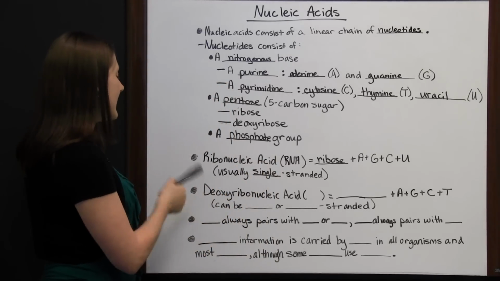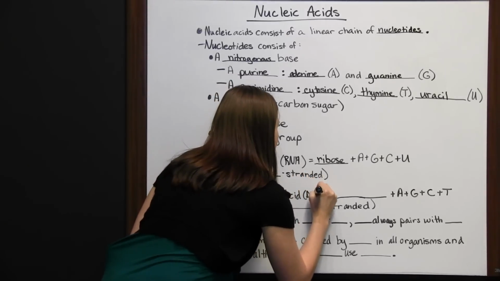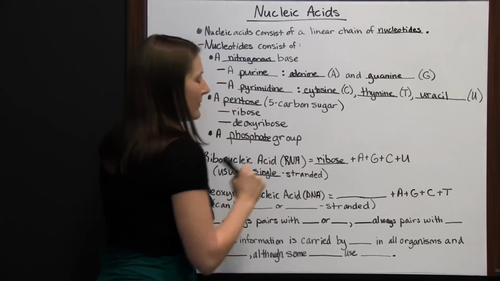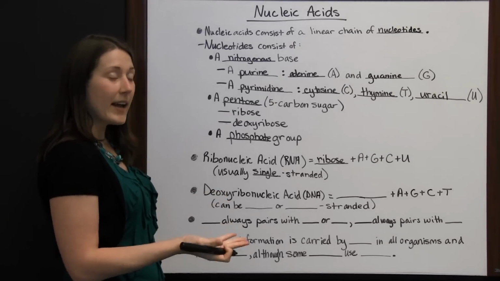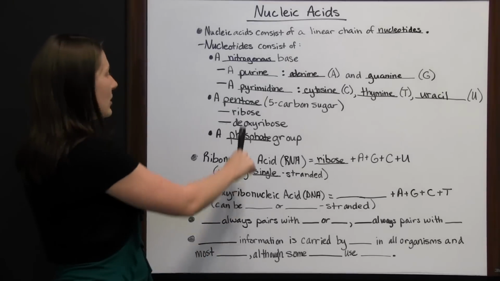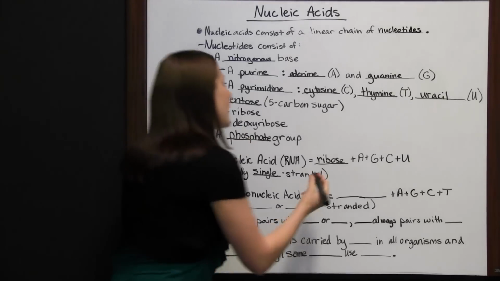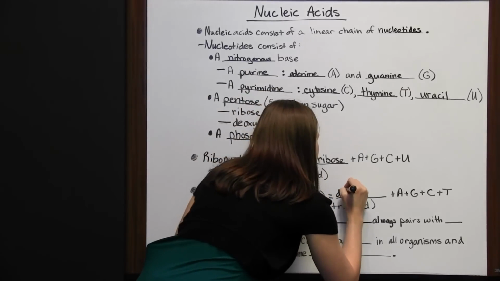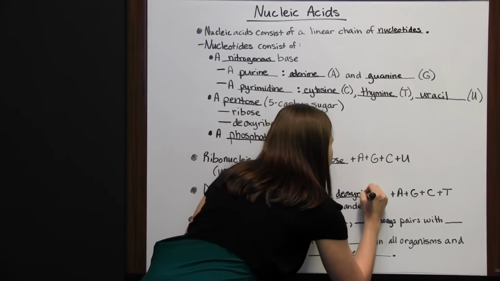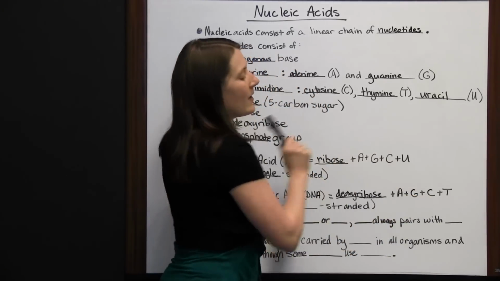The next one would be deoxyribonucleic acid, or DNA, and you notice that NA in both of them is there. It stands for the nucleic acid part. The first letter is telling you which sugar it's going with, which pentose. So deoxyribonucleic acid is going to be with the sugar deoxyribose, plus adenine, guanine, cytosine, and thymine.